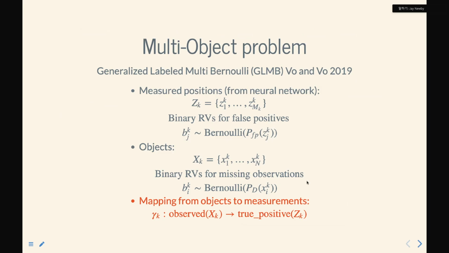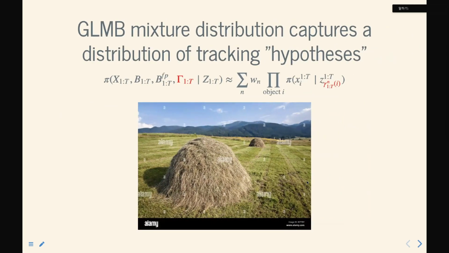Okay. And then here's the data association problem. I need a mapping from the observed objects to the true positive measurements. I want a distribution, and this is the sort of form the distribution is going to take, like a mixture. These weights are super important.